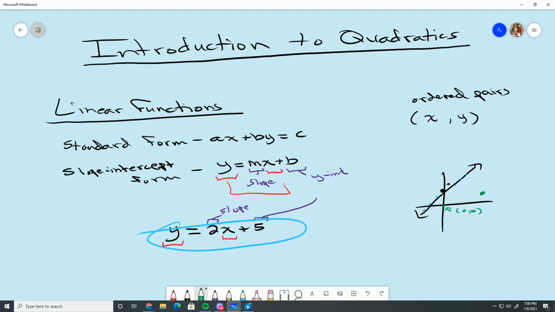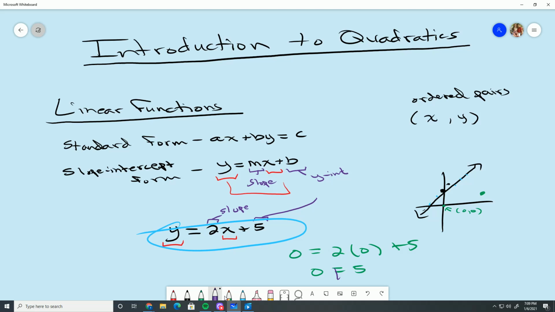If you're trying to say that this is a point that is explained by this equation, you get 0 equals 2 times 0 plus 5, which gives you 0 equals 5, which is not true. So notice I picked an ordered pair, I put it in here, and because it wasn't on that line, it didn't make sense. When I say put it in there, I substituted. I used that substitution property.